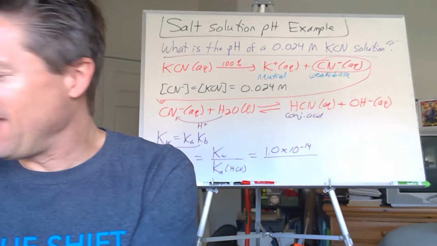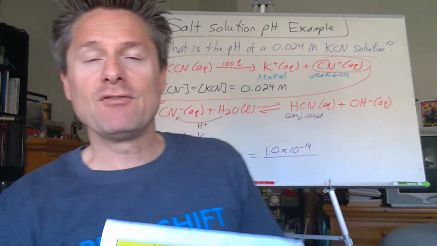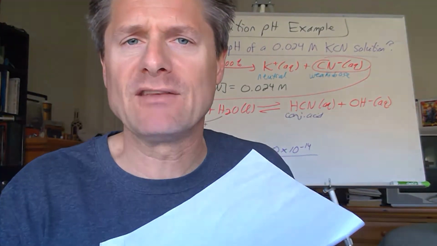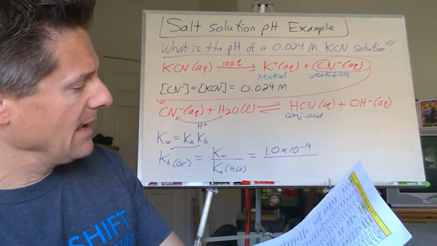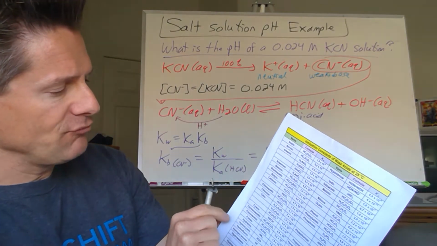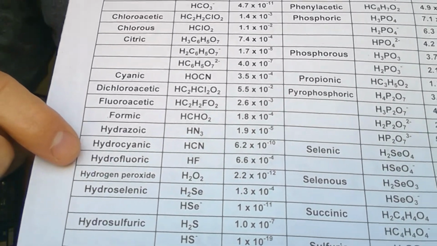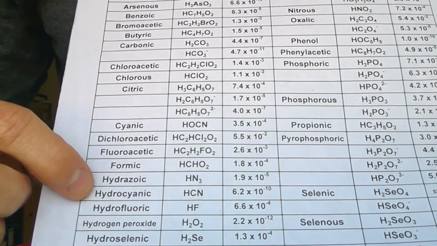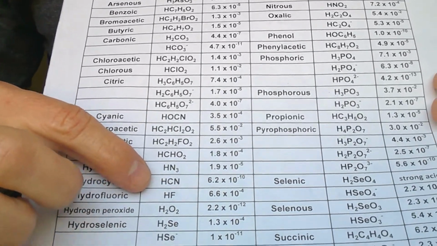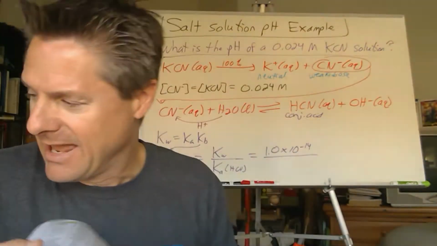Now, for quizzes and exams, I'll provide you these all the time. For your homeworks and stuff, you'll have to look these up. HCN, hydrocyanic acid. There's my HCN. Looks like 6.2 times 10 to the minus 10.